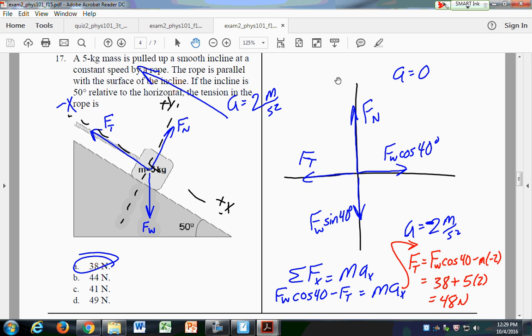It's 48 newtons. Notice how the tension goes up. If I'm pulling it up at an accelerating rate, it should go up. The tension should be bigger here than if it's not accelerating at all. It should be bigger. Okay?